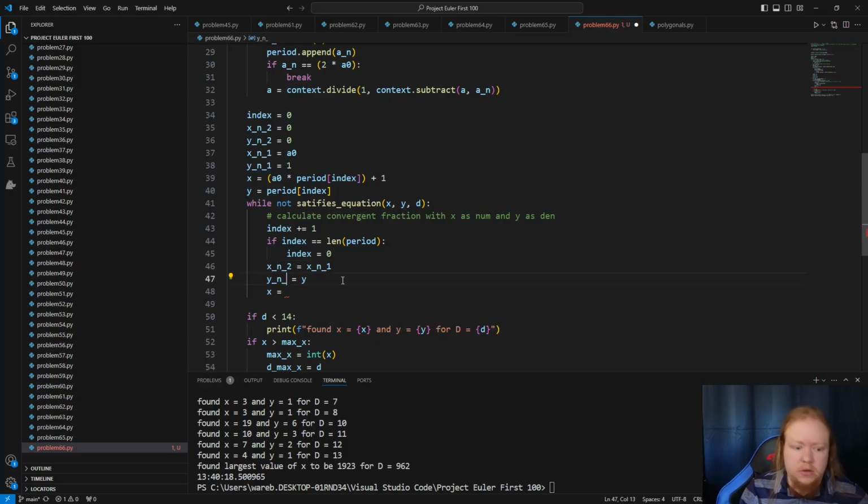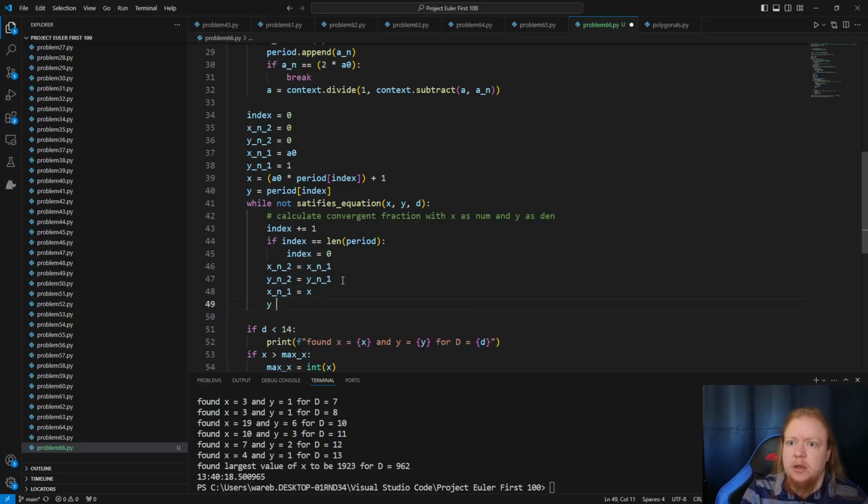Y of n2 becomes y of n1. This isn't going to work the way I want it to work. Where is it? No, this will be fine, I think. Then x of n1 equals x. And y of n1 is y.